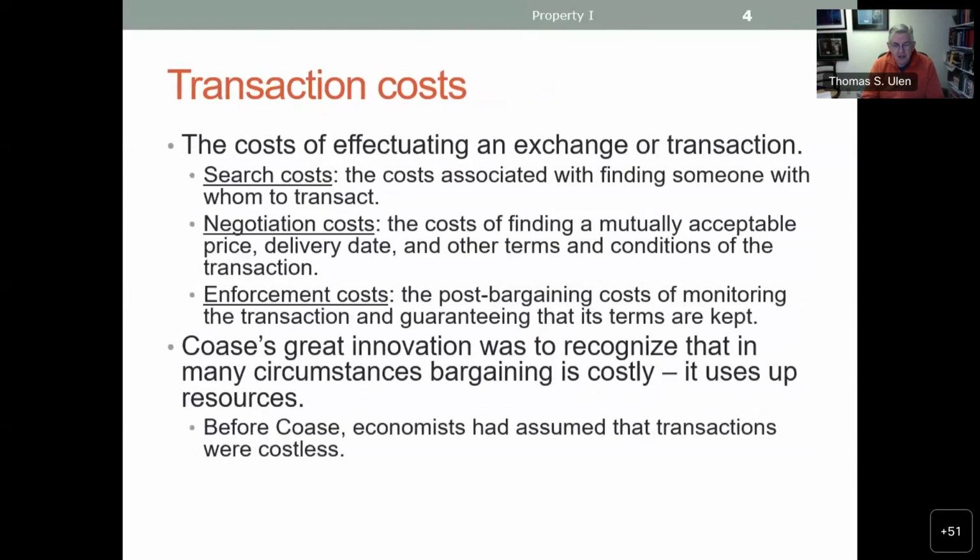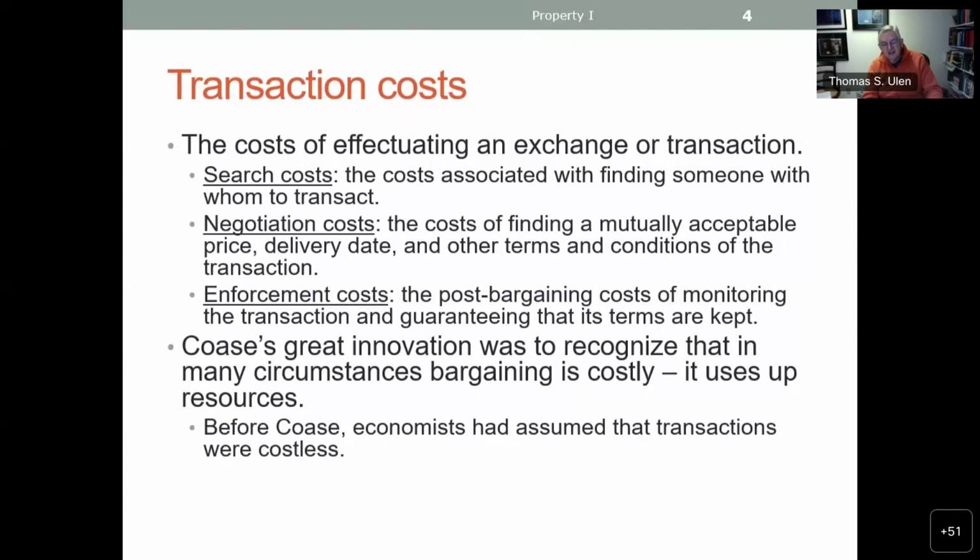Just to remind you of what I talked about yesterday, there are 3 elements of transaction costs: the costs of doing an exchange with somebody, search costs, finding someone to bargain with, negotiation costs, once you've found them, how do you bargain about it, and then the post-bargaining costs, the enforcement or monitoring costs, to keep track of whether the transaction is being performed as you thought it would be, and guaranteeing that its terms are kept.